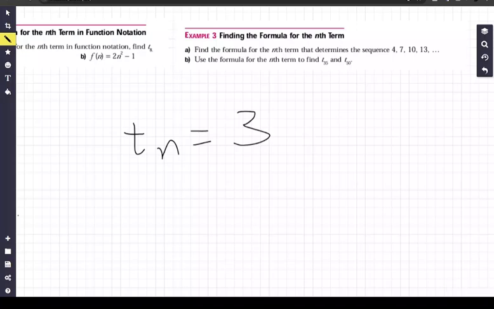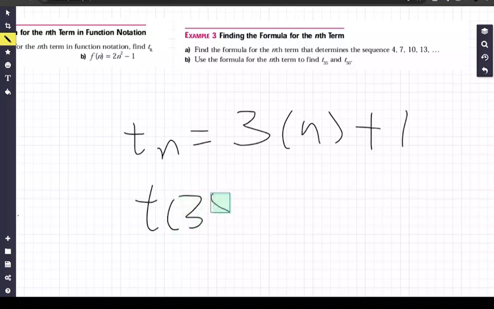So obviously it's 3 times something. The first term: 3 plus what equals 4? Plus 1. Let's try 2: 3 times 2 equals 6 plus 1 equals 7. 3 times 3 equals 9 plus 1 equals 10. Our formula works. Now we use the formula to find T35 and T50.